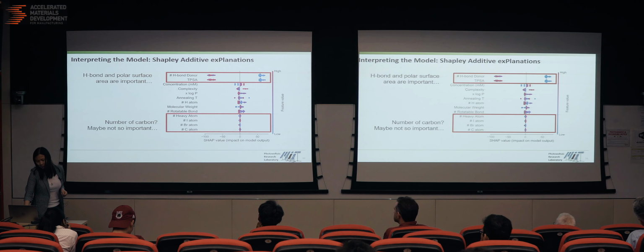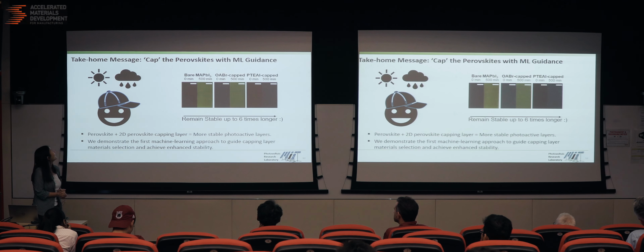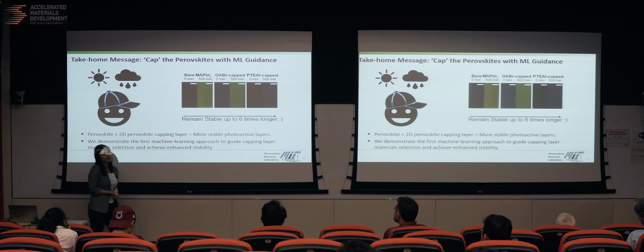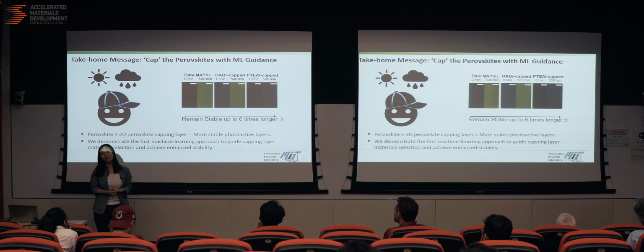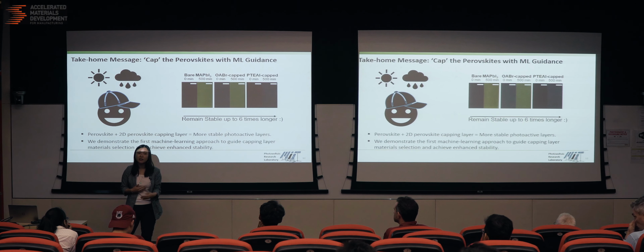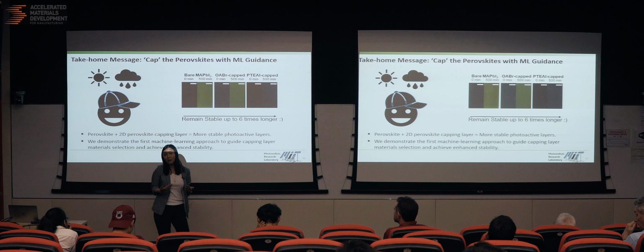Taking that in mind, if you want to take one message home, I would say: if you want to design organic-inorganic hybrid materials and you are in a very complicated compositional space, machine learning can be your friend. In this case, we demonstrate the first machine learning approach in the field of perovskite photovoltaics to design capping layer materials.